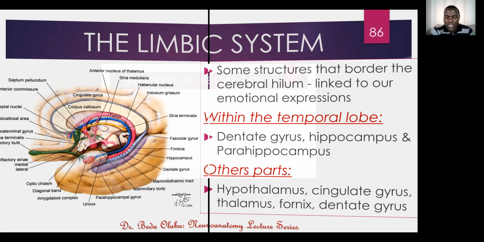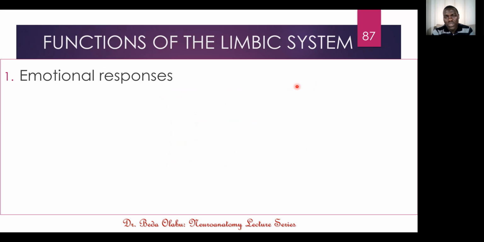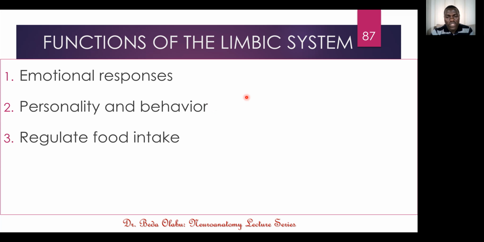So what are the functions of the limbic system? Apart from those emotional responses, the limbic system has other functions. What are these other functions? The limbic system controls your personality and your behavior. The limbic system also regulates food intake.